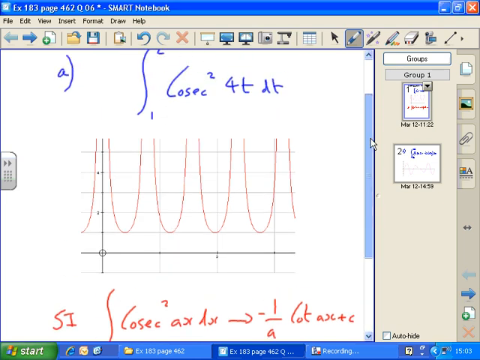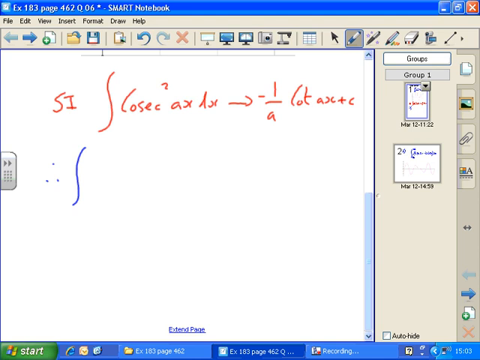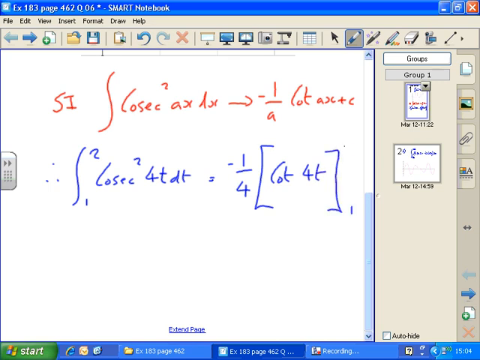It's the integral between 1 and 2 of cosec squared 4t dt, which equals minus 1 over 4 cot 4t between 1 and 2.